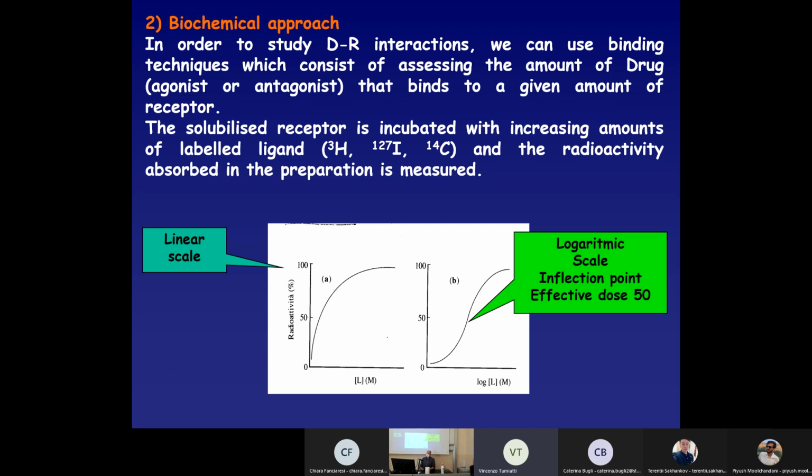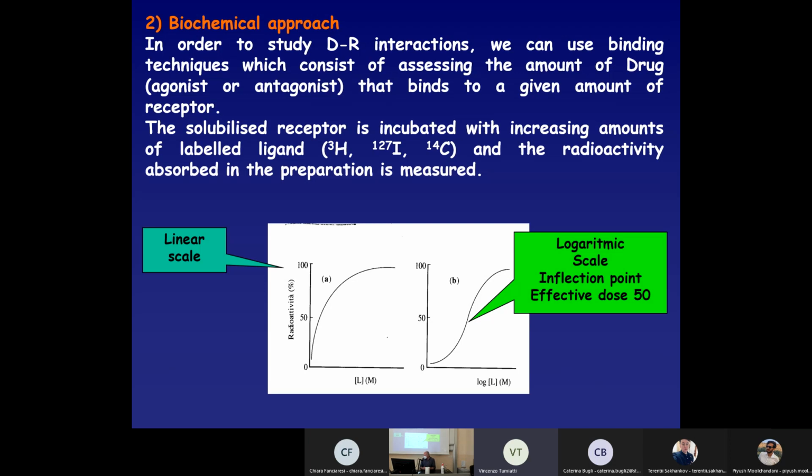We wash and we measure the radioactivity. And then we incubate with our agonist without any radioactive atom. And we measure the ability of our ligand to displace the radioactive acetylcholine on the clone receptor.